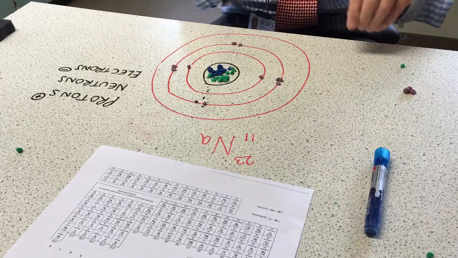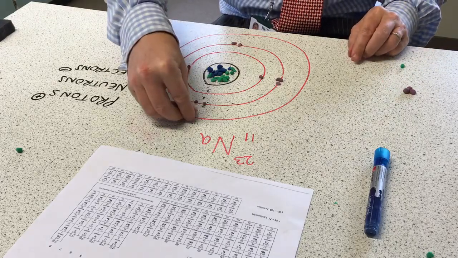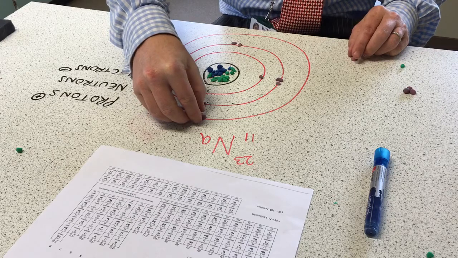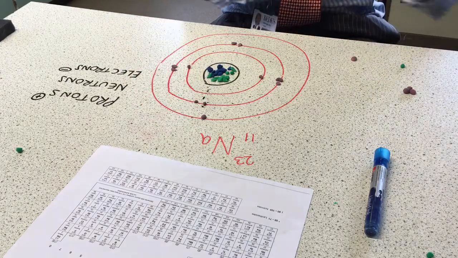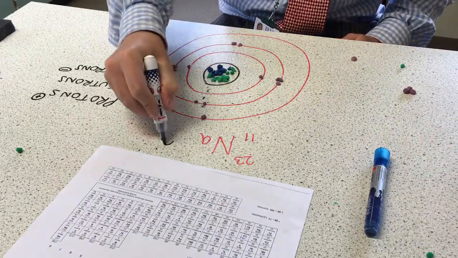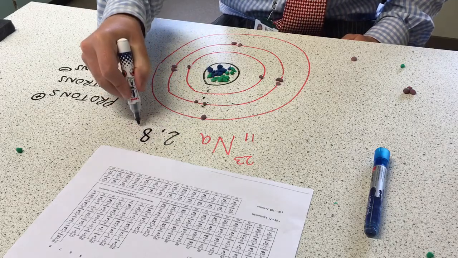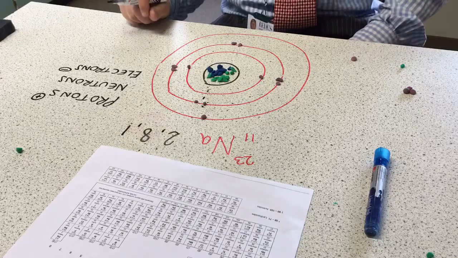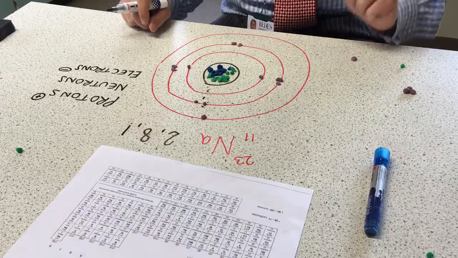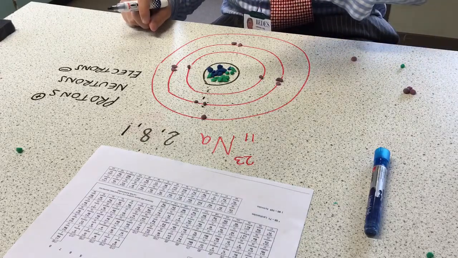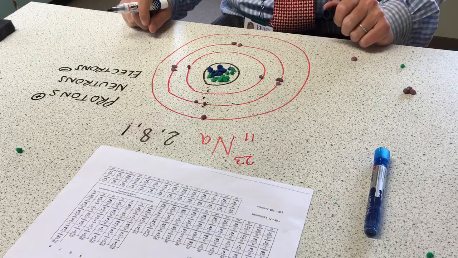So we've got one more, and this one goes in the last shell. And so we would write the electronic configuration of sodium as 2 in the first shell, 8 in the second, and 1 in the third. So sodium has an electronic configuration of 2, 8, 1.